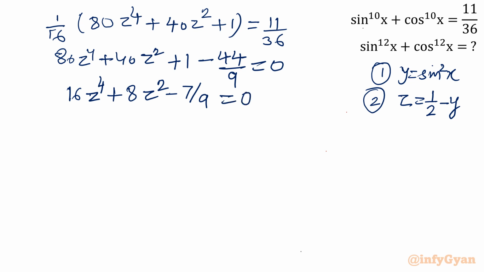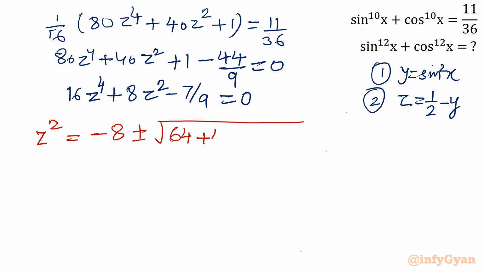Now it is quadratic in z square. Now I will apply the quadratic formula: minus b plus minus under the root 8 square, 64, minus 4ac, so it will be minus times minus, 7 over 9, over 32. A is 16, 2 times a is 32.